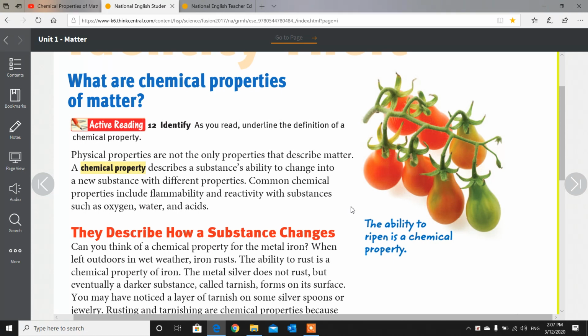Chemical properties of matter describe a substance's ability to change into a new substance with different properties. As we said, you burn the paper, it's not paper anymore, it's turned into what? Ash and carbon dioxide. So we have a completely new substance with new properties. So this is the chemical properties.